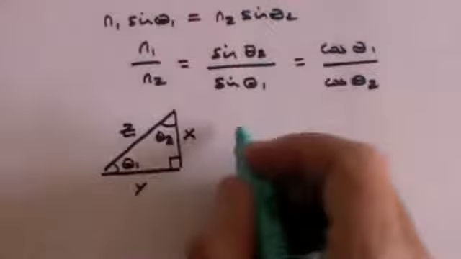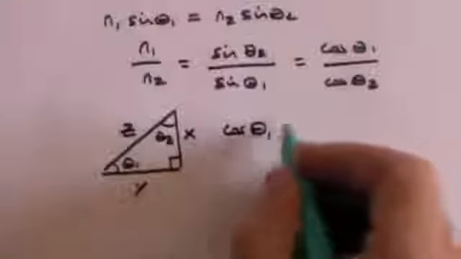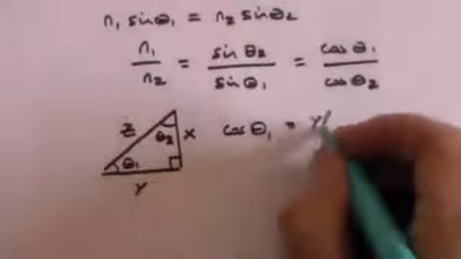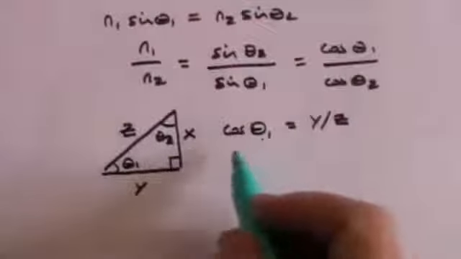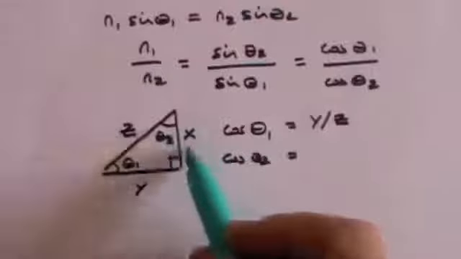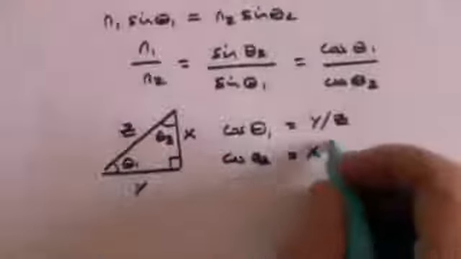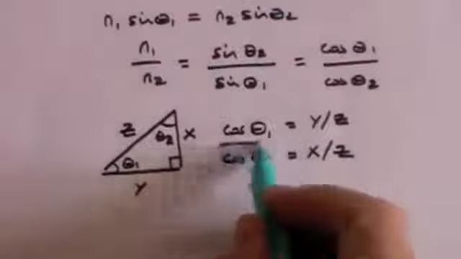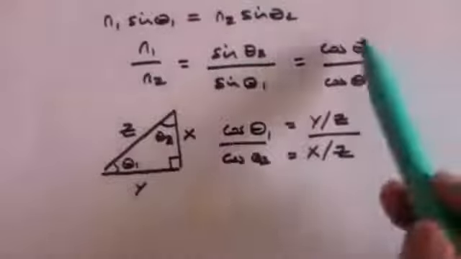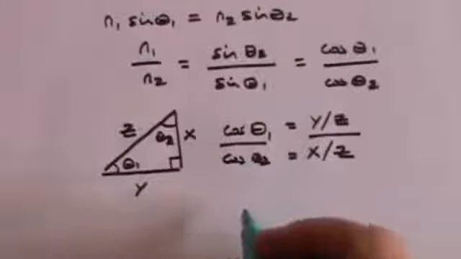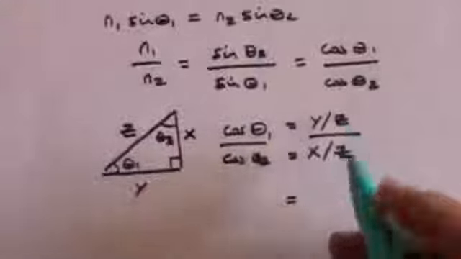Now, the cosine of theta 1 is equal to y over z. And the cosine of theta 2 is equal to x over z. And so the one divided by the other, which is essentially this term here, is simply going to be y over x.